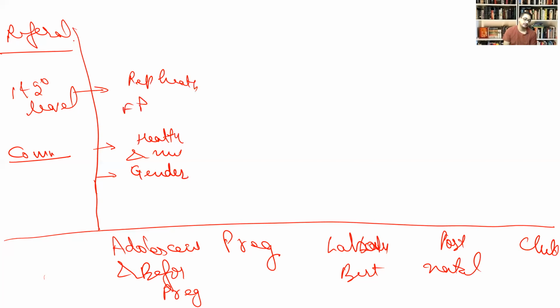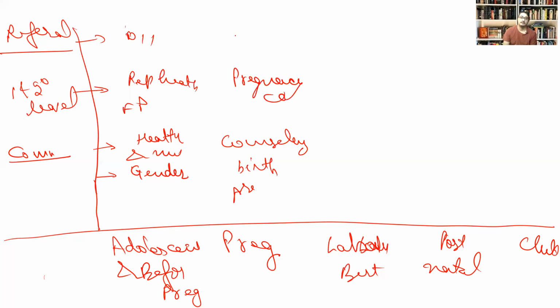The same at the referral level, but of a higher mechanism. Then during pregnancy, at the community level, we have to go for counseling on birth preparedness. At the primary and secondary level, we have to go for pregnancy care. And at the referral level, management of complications arising out of pregnancy.